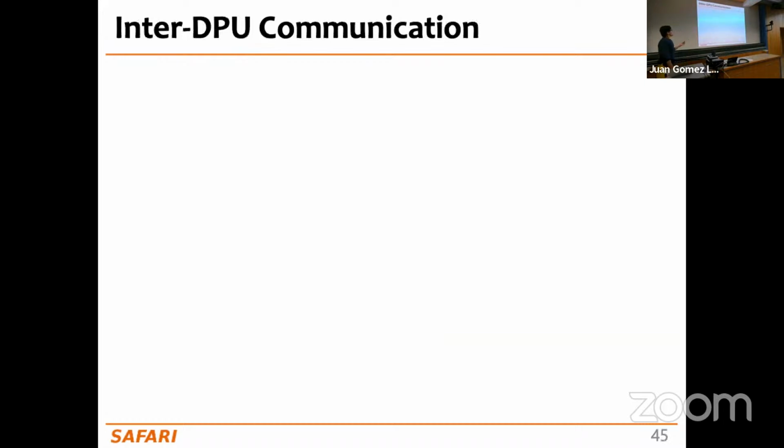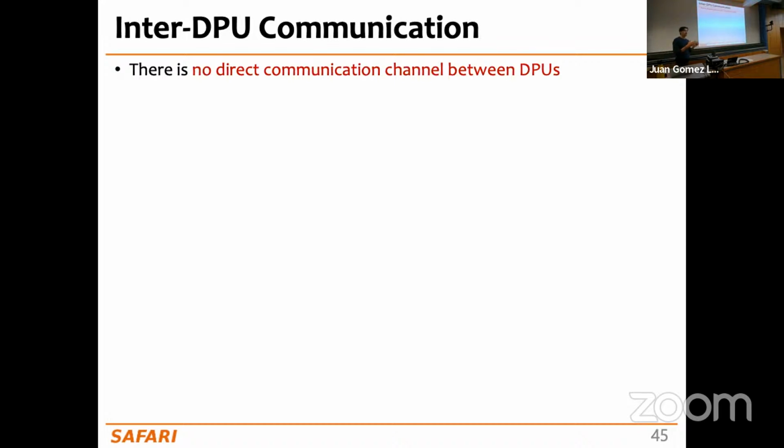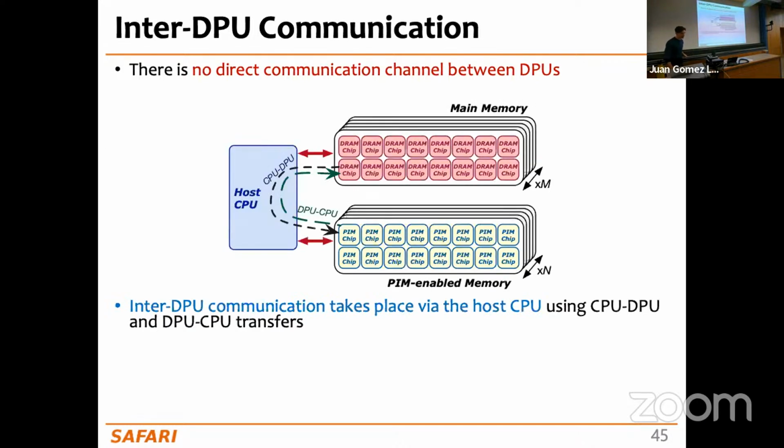I told you earlier, there is no direct communication channel between DPUs, even if they are in the same chip. You cannot communicate data directly from one DPU to another DPU in this generation of the PIM architecture.